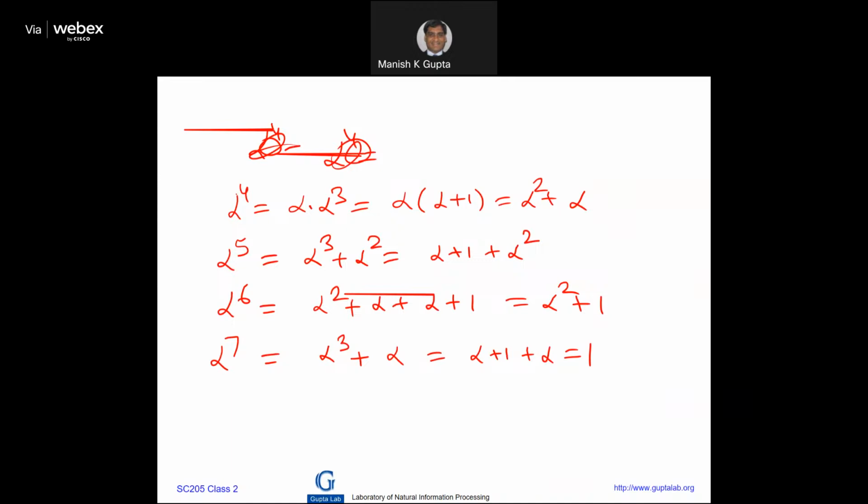Just write down the powers of alpha and express everything. So one representation is in terms of powers of alpha: 0, 1, alpha, alpha square, alpha cube, alpha 4, alpha 5, alpha 6. All 8 elements will be there, because alpha to the power 7 is again 1. That is an easy observation. And then we have the polynomial representations, where I can write everything as polynomials of degree 2.